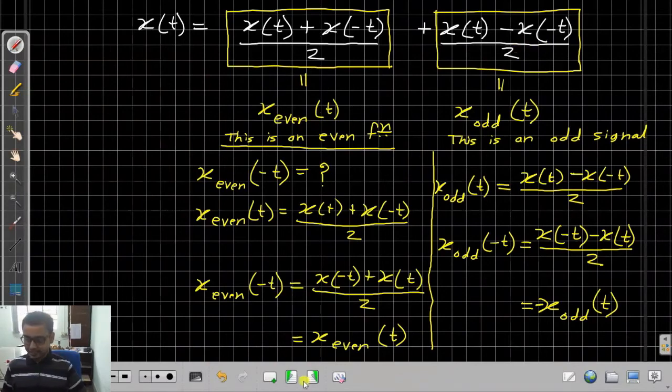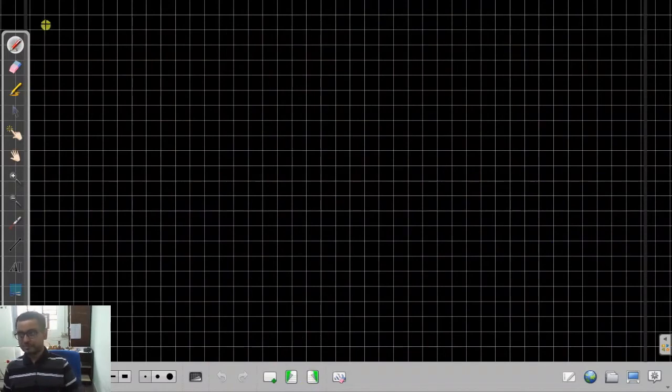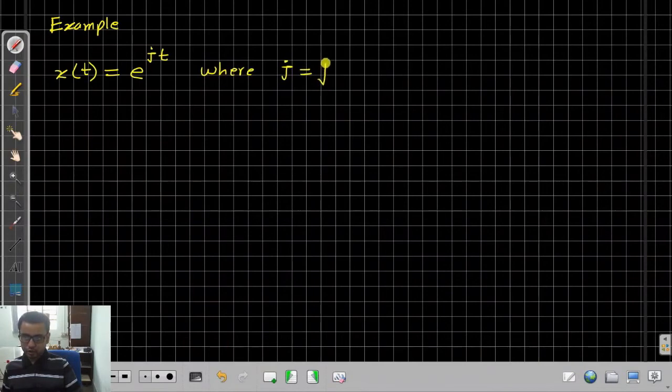Okay, let us take an example. Suppose x(t) is given as e to the power jt, where j is the imaginary number root over minus 1, a complex number.